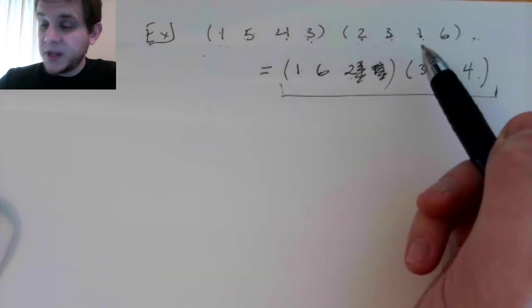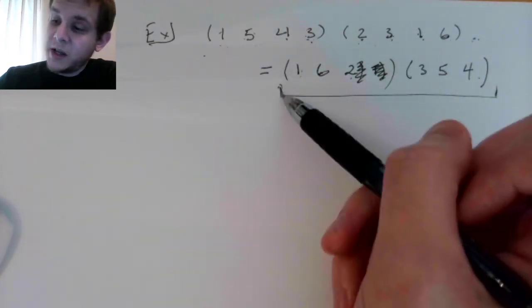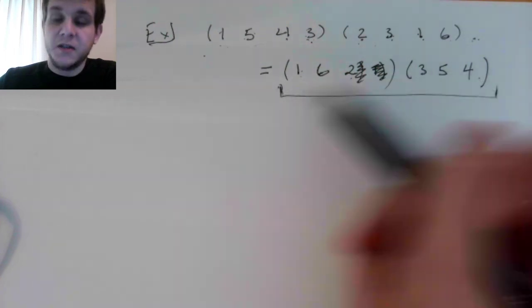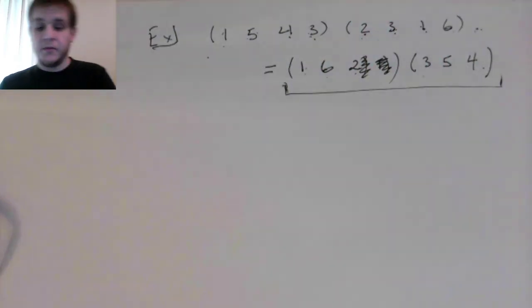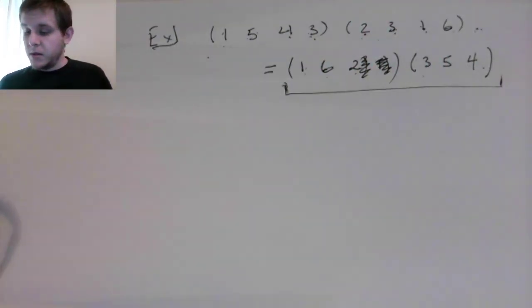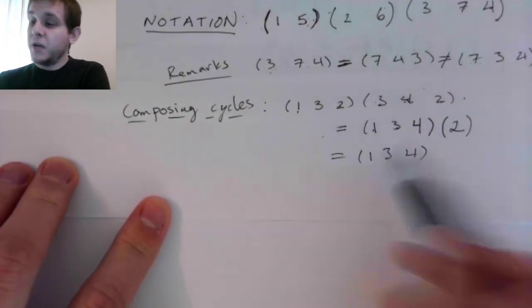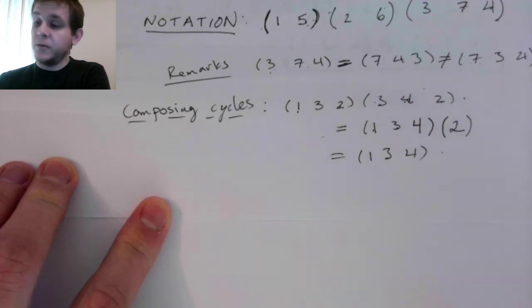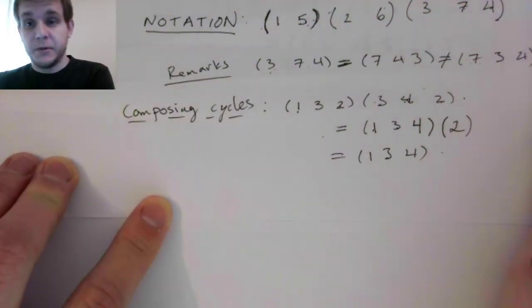But here I multiply them in order, and when I look at the reduced cycle structure at the end as disjoint cycles, I get 2 cycles of length 3. By comparison, in the previous example I multiplied 2 cycles of length 3, and I only had 1 cycle of length 3 at the end. The other one had length only 1. This one had a fixed point afterwards.